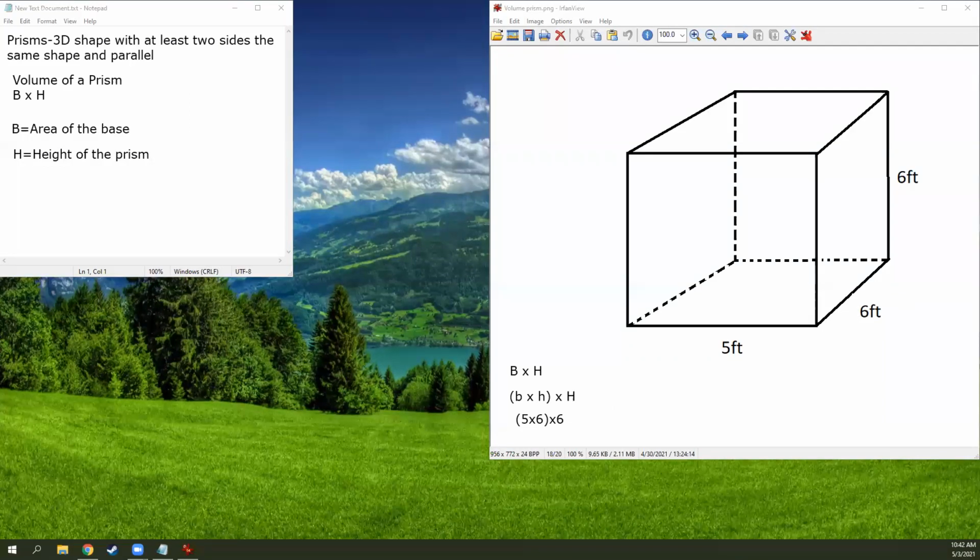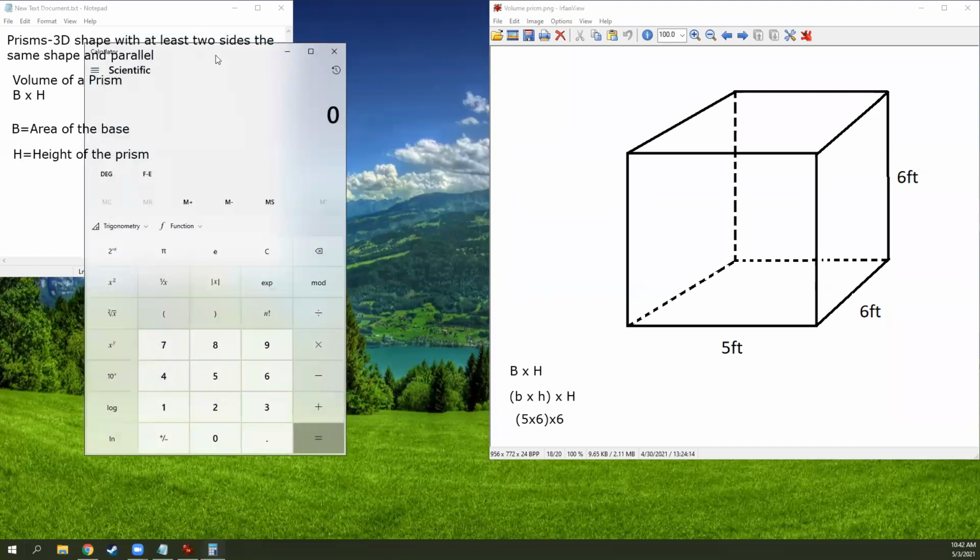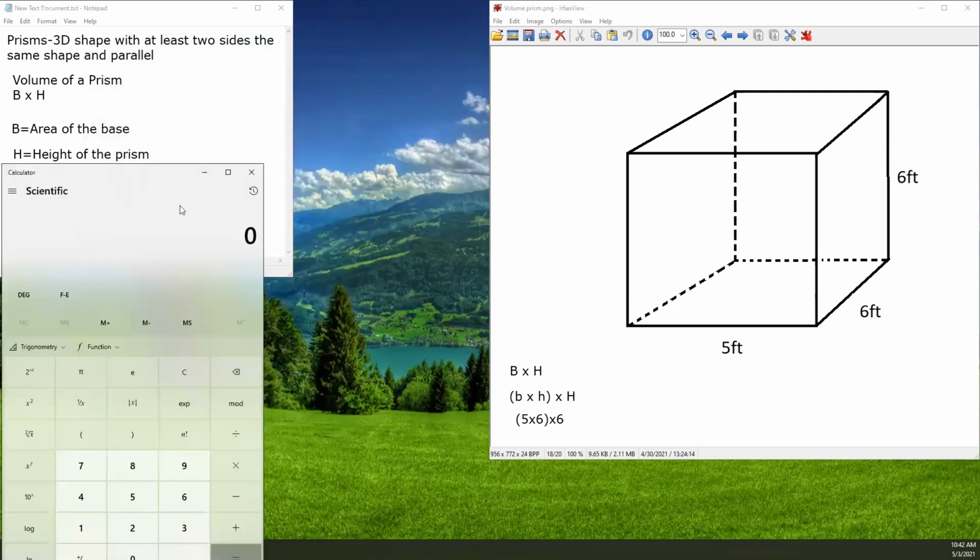Since it's all multiplication, the order doesn't matter. So 5 times 6 times 6, and you're done. The volume of this prism is 180 feet cubed.